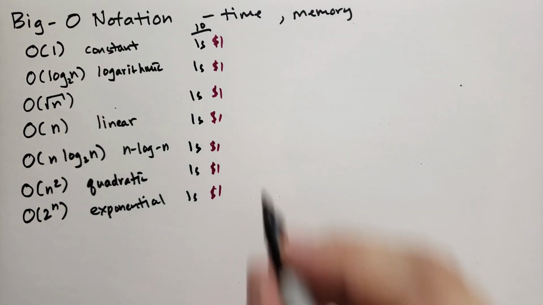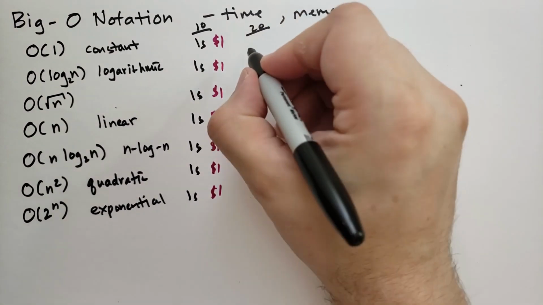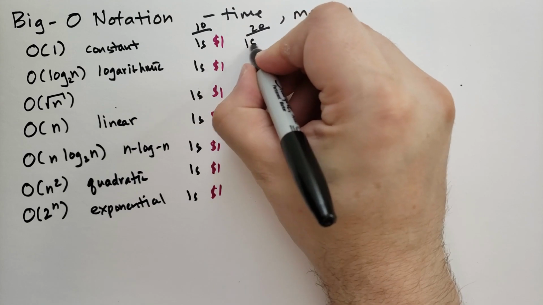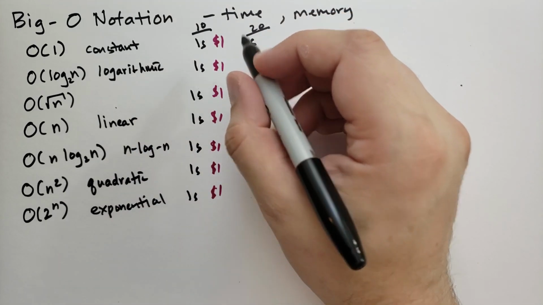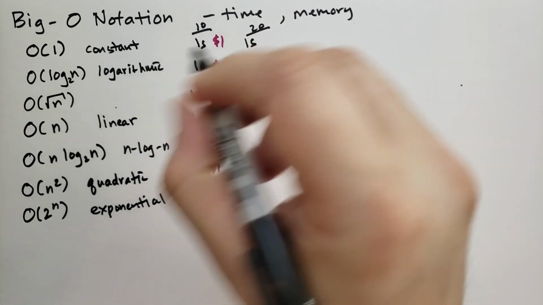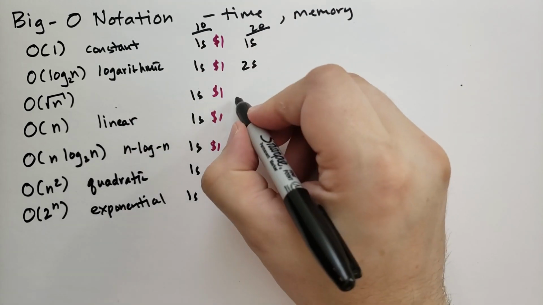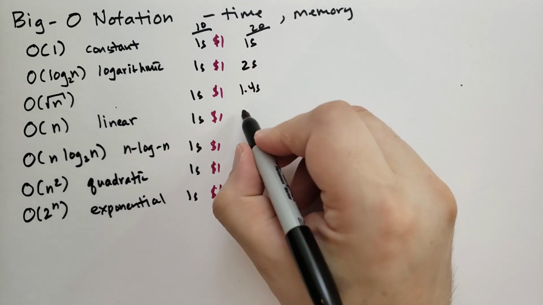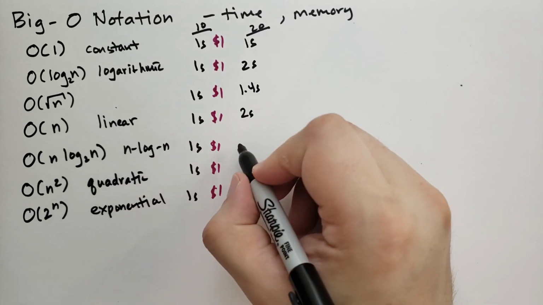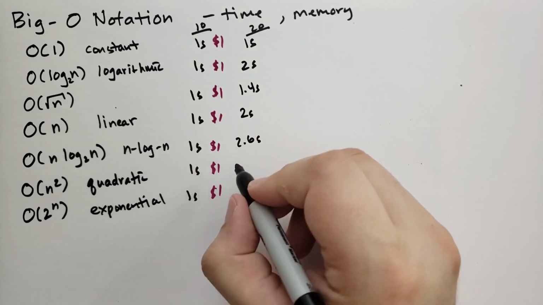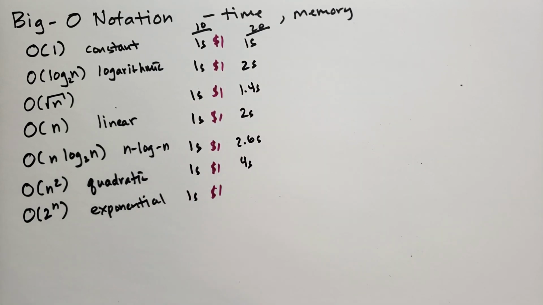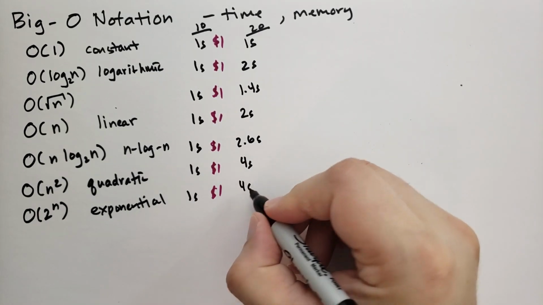If we were to double the number of records to 20, then the constant algorithm would still require 1 second to run. Log base 2 of n would require 2 seconds. The square root of n would require 1.4 seconds. Linear would require 2 seconds. N log n would require 2.6 seconds. Quadratic would require 4 seconds. And exponential would also require 4 seconds.